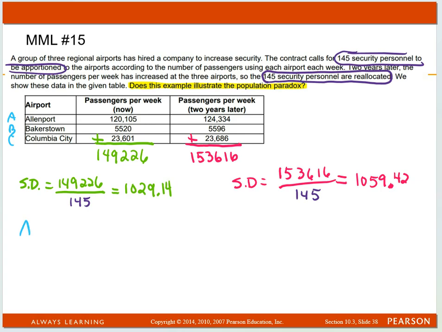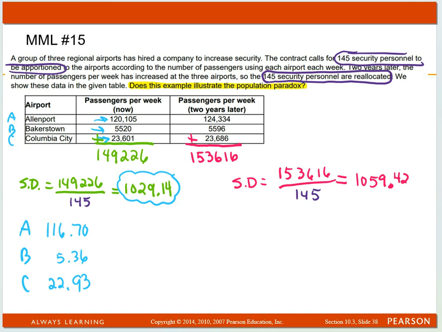Then I divided each population by the standard divisor, which gave me 116.70 for Allentown, 5.36 for Bakerstown, and 22.93 for Columbia City.